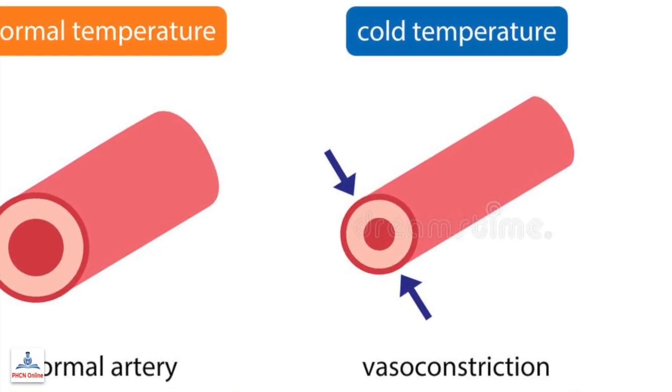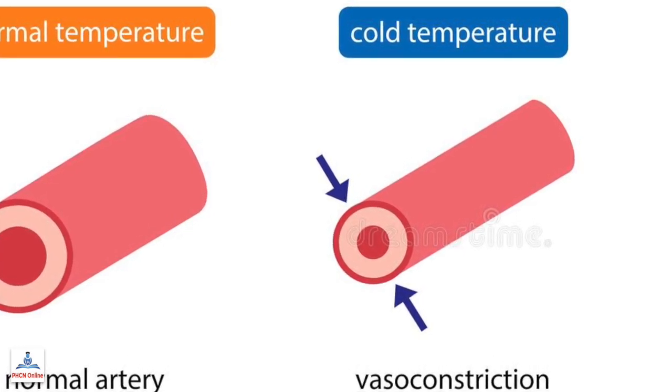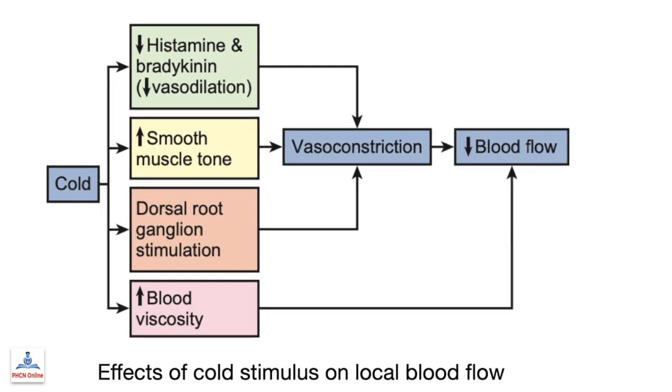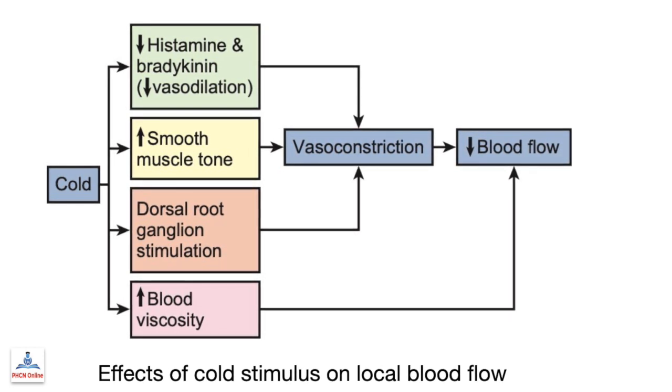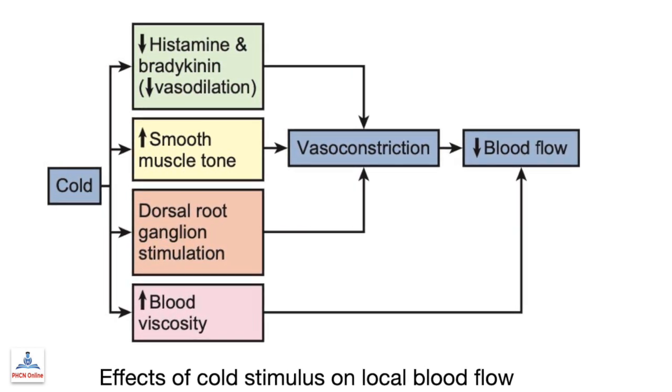Cold causes cutaneous vasoconstriction by direct and indirect mechanisms. Applying cold activates cutaneous cold receptors directly by stimulating the contraction of the smooth muscles in blood vessel walls.